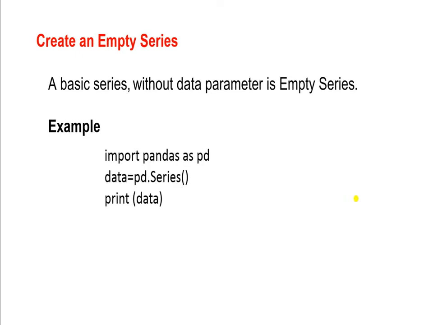For example, we created a series in the data variable and no argument has been passed in this series. When you print this series, it will display an empty value, there is no value, and by default the data type will show float type.